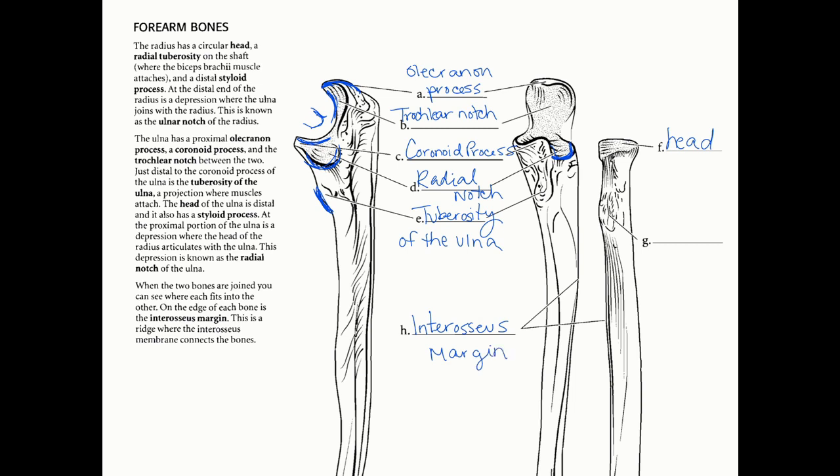This is where we're going to have a membrane that connects both our ulna and radius. And then G over here on the radius is our radial tuberosity.